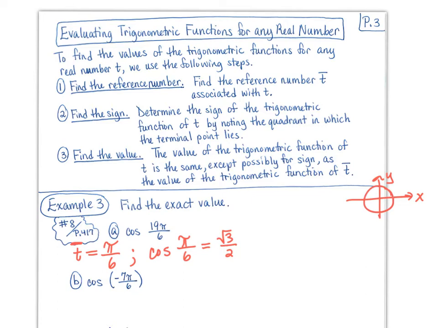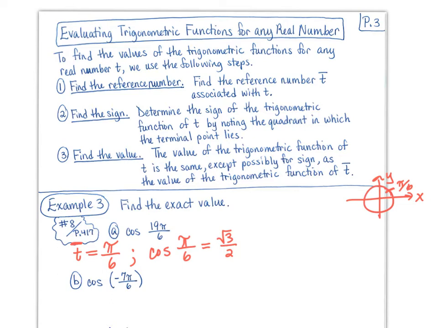Remember, you have pi over 6 here. 2 pi over 6 is where? 2 pi over 6 is who in disguise?